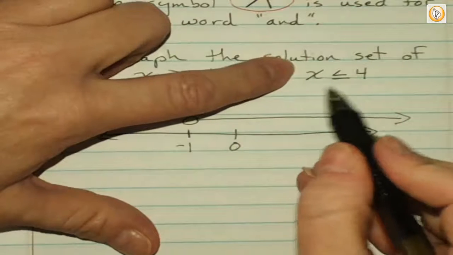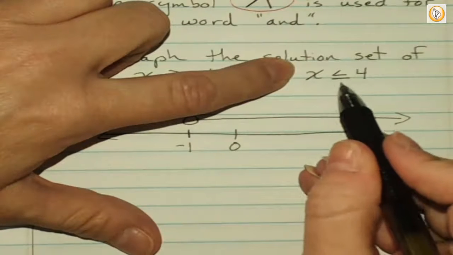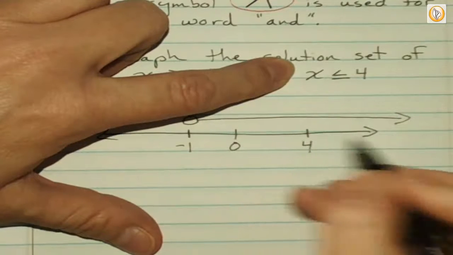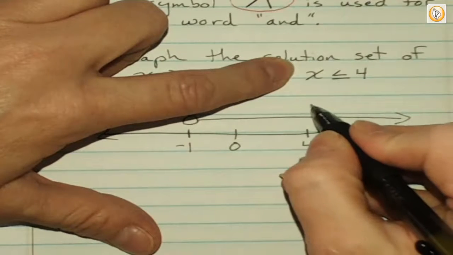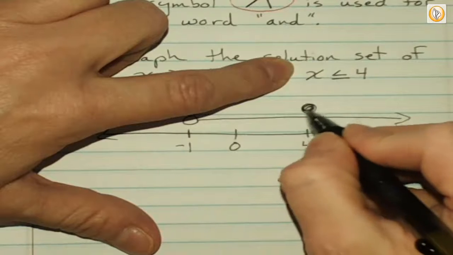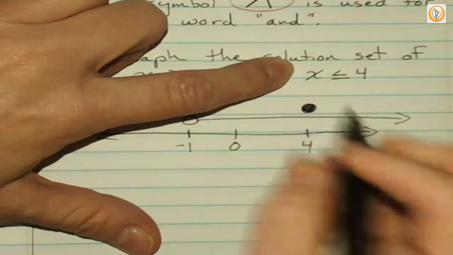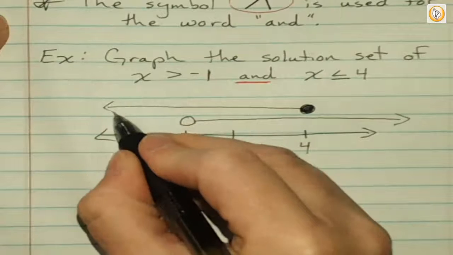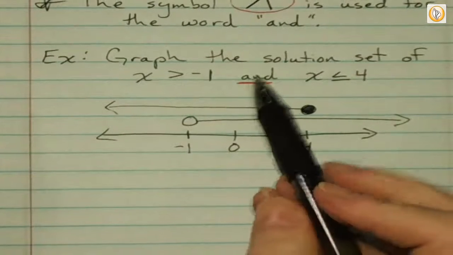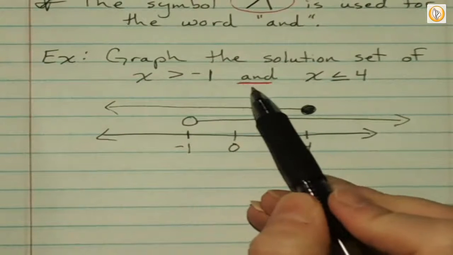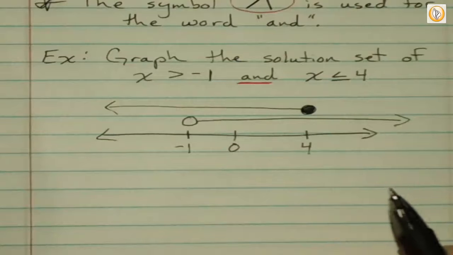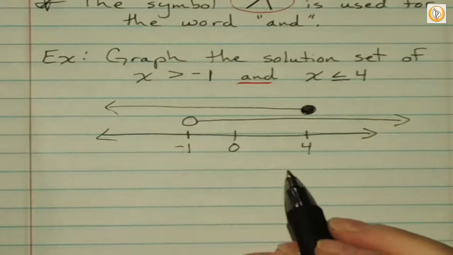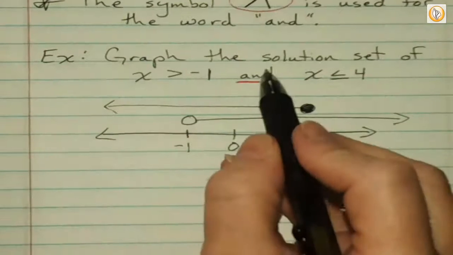Then I'm going to graph this one. x is less than or equal to +4. Is that open or closed? Closed. And it says x is any number less than. Okay, so if we're talking about and, they're wanting to know the area of the graph that includes everything.